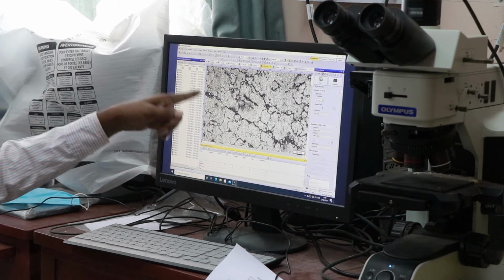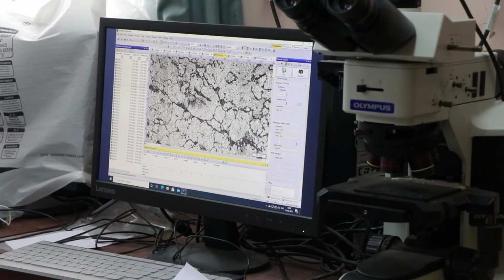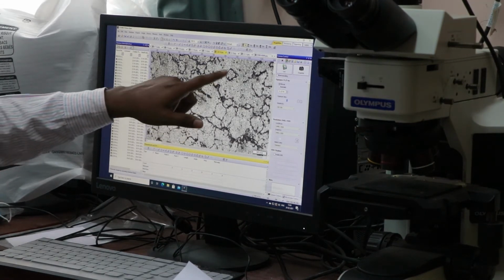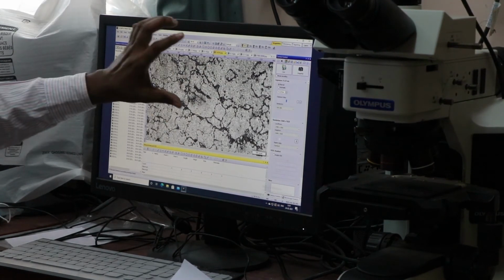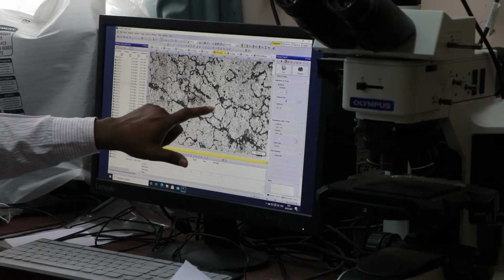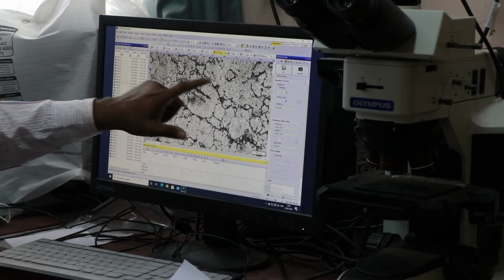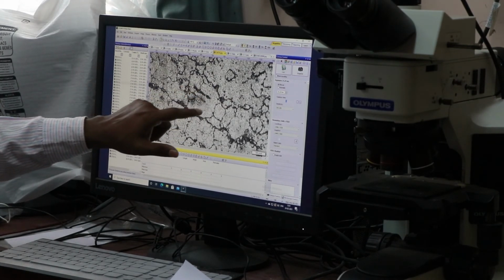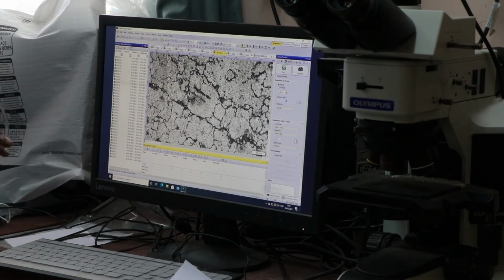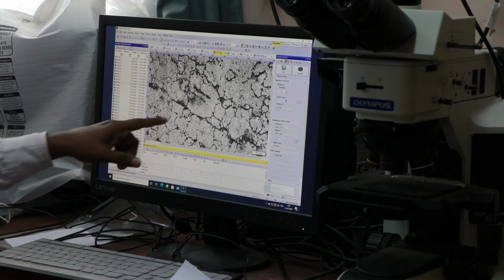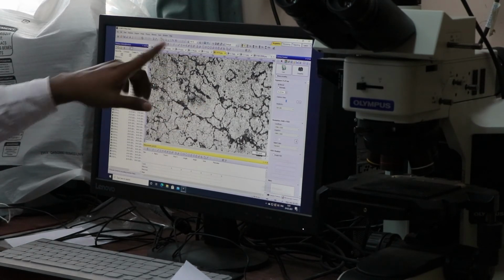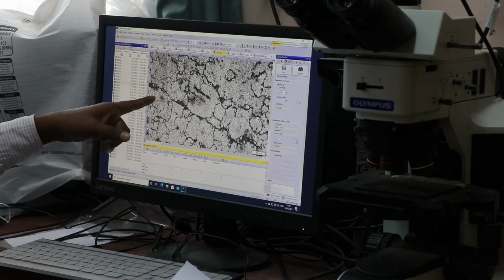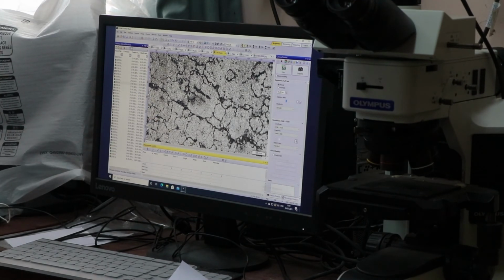In this second sample, this black portion and white portion show a mixed microstructure. The white portion is ferrite base microstructure, and the black portion is carbon base microstructure, that is carbide, different forms of carbide present here. This is the 0.65% carbon composition of this material, and this is its microstructure.